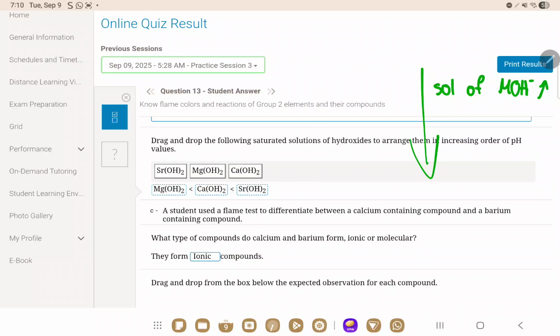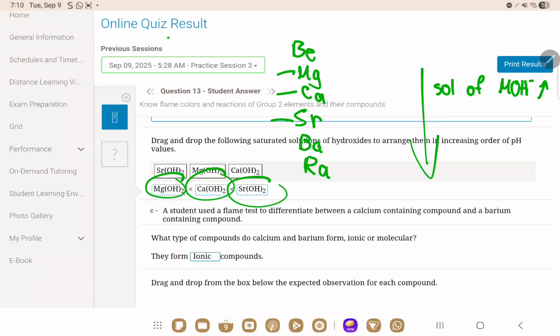If they're more soluble, that means they release more OH ions, which means they raise the pH. So the order is Be, Mg, Ca, Sr, Ba, and radium. As we go down, the solubility increases. So the least soluble is the one that's most up. So Mg is the least soluble. Calcium comes next, and Sr comes next. And they form ionic compounds, definitely not molecular, because they are metals.